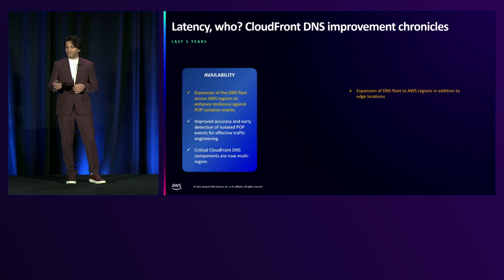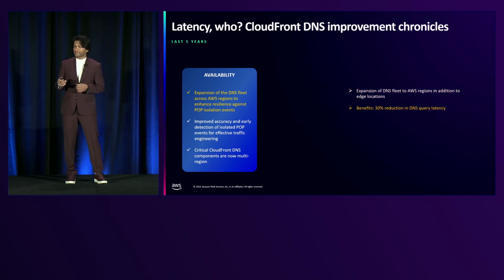Starting with availability. CloudFront's DNS servers serve as the gateway to the CloudFront CDN, making it the critical first point of contact for ensuring availability. To mitigate the impact of network isolation events at the edge and seamlessly scale with increasing DNS traffic, we've expanded our DNS fleet to include AWS regions, complementing our existing edge locations.